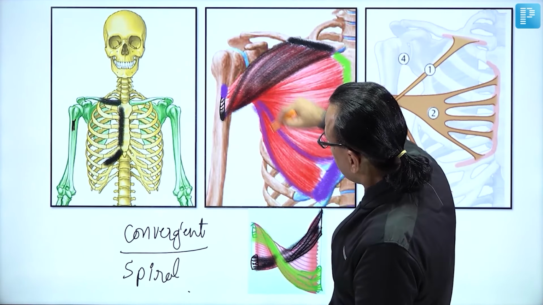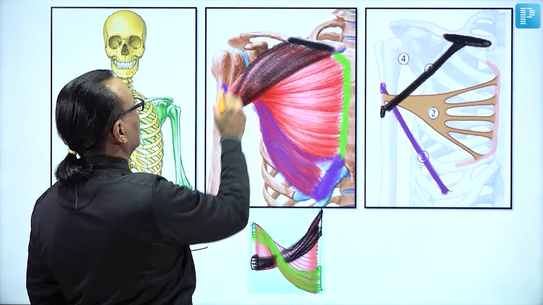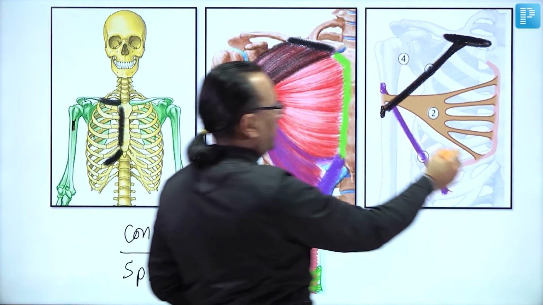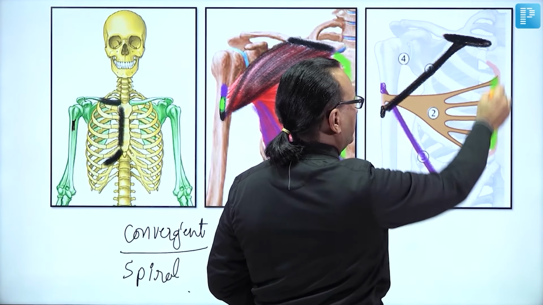It is 180 degree spiraling of the fibers. What about the middle fibers? As you see, the middle fibers are staying in the middle. The middle fibers taking origin from the sternum are staying in the middle region. So these are converging fibers and they are also spiral fibers.